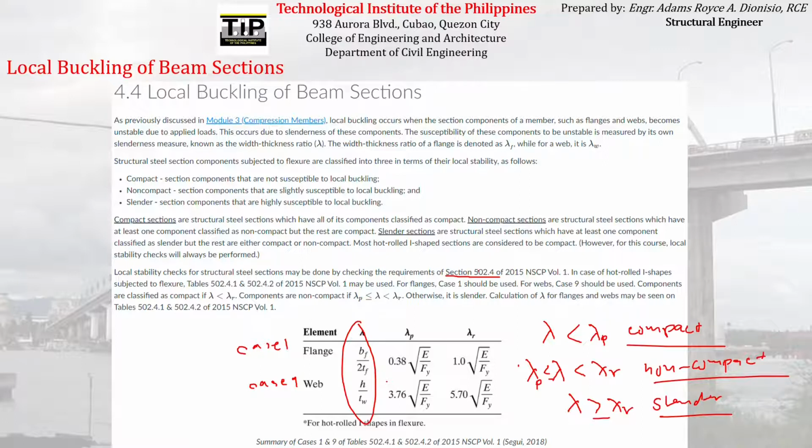Okay? So for this particular case, guys, take note, we are just limiting the discussion to compact sections. Okay, so that's why we can just refer to section 502.4. But again, if ever non-compact or slender yung nakuha nyo na section, you have to look to other sections of the code. Okay?